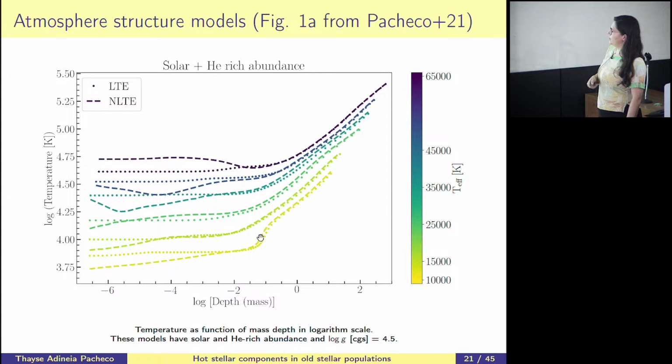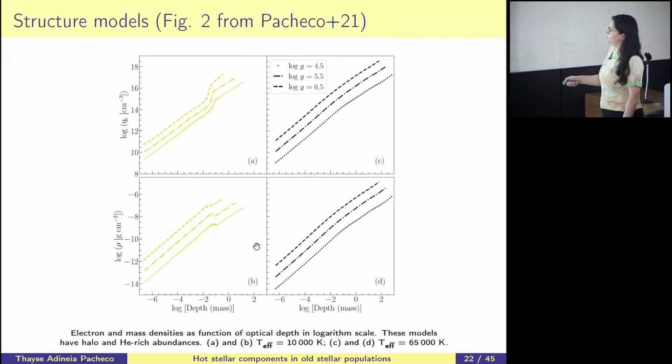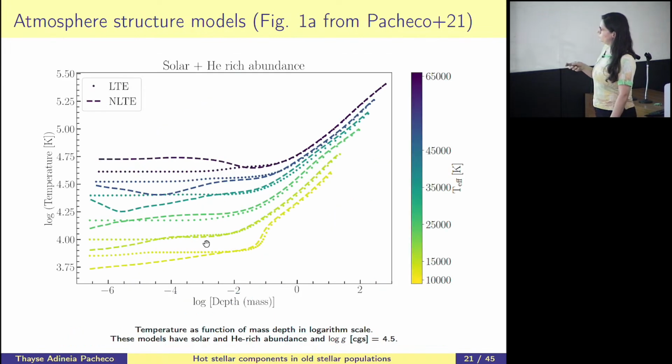So we have the hottest models at the top and the coolest models down. The left part is the upper atmosphere, and the right part is the inner atmosphere.